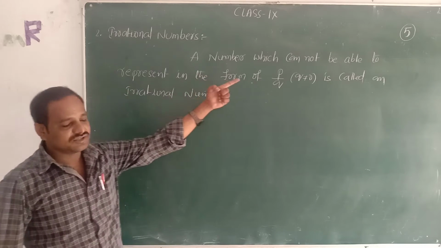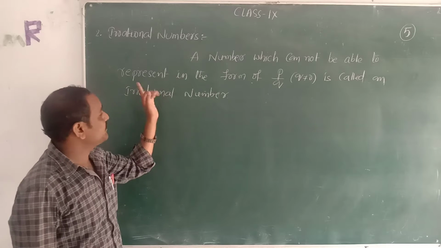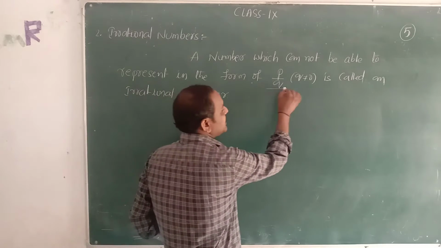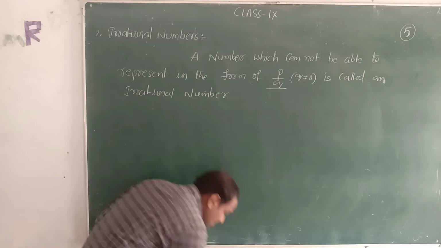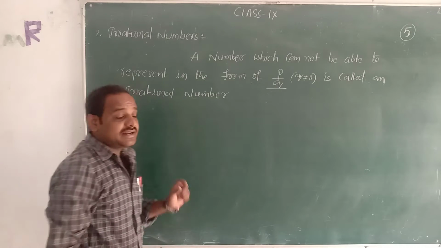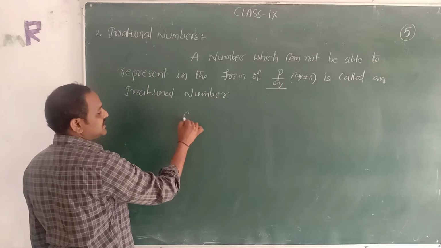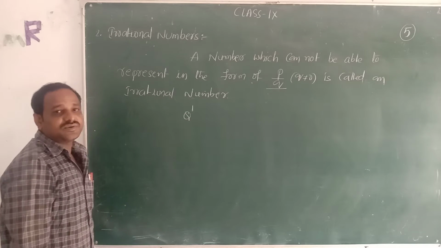A number which cannot be represented in the form of p by q is called an irrational number. And we know that an irrational number is represented by q dash.